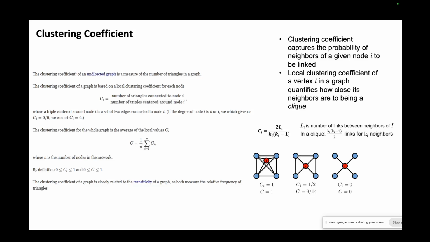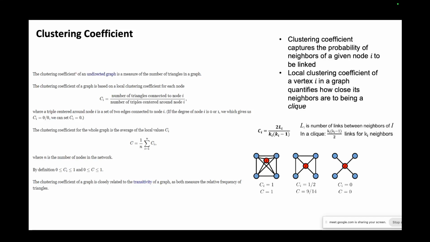Now we come to the concept of clustering coefficient. In simple words, the clustering coefficient of an undirected graph is based on the number of triangles in a graph. A triangle is the smallest fully connected component in a graph: you have three nodes and connections between all three.